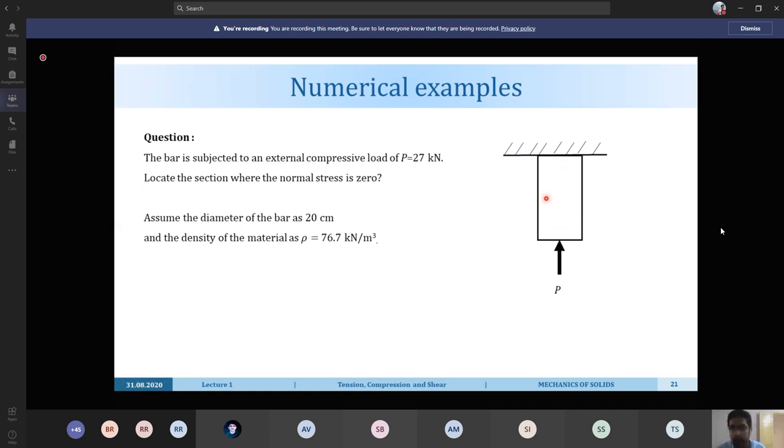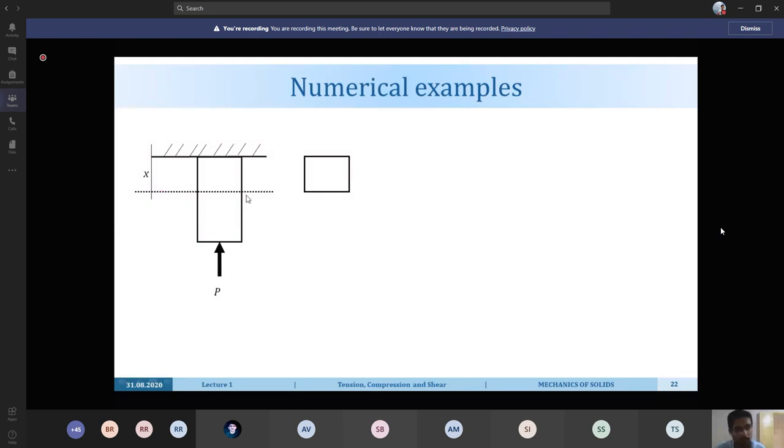So there is a self weight associated with this bar, and we are asked to find where the normal stress comes to 0. You can start by drawing a free body diagram. Take a section along this line. Assume that at this region the normal stress is 0.